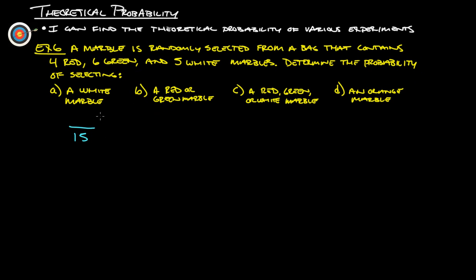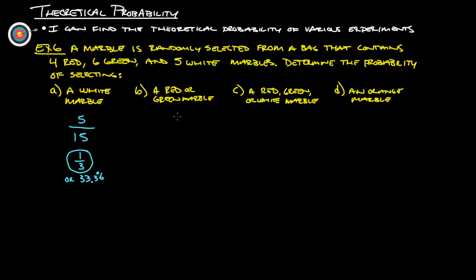And then how many of those are white? 5 of those 15 are white. If you simplify that, that's 1 out of 3, or 33.3% chance. Really, our best bet is the reduced fraction, 1 out of 3. Or 0.33, 33.3%, any one of those really is fine.